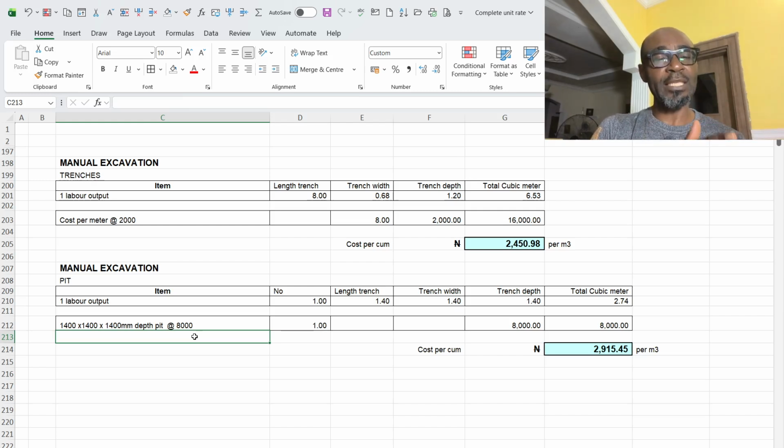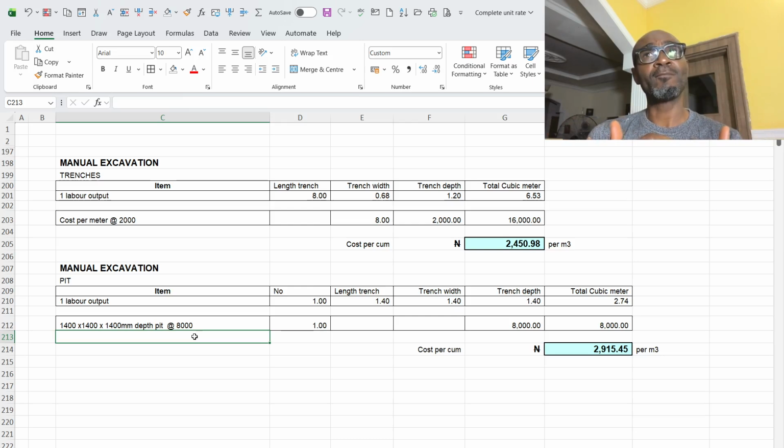Say if you are engaging a laborer that is just a week old in excavation, his output will be low compared to somebody that has been in the business of excavating for quite some time now. So that skill matters. Another thing that will affect the output of any laborer on site is the type of soil, either it's hard or soft soil. If it is soft, the output will be more. If it is hard, it will be lower.